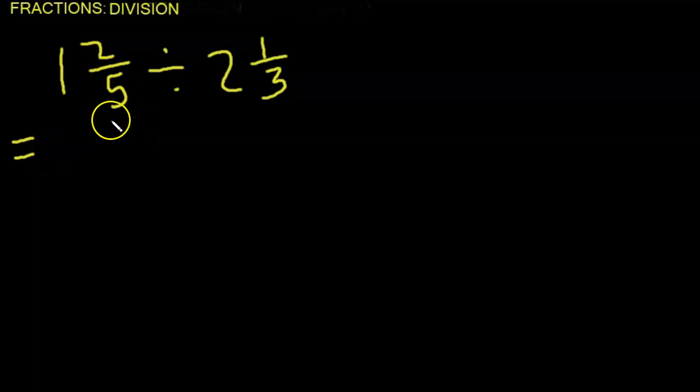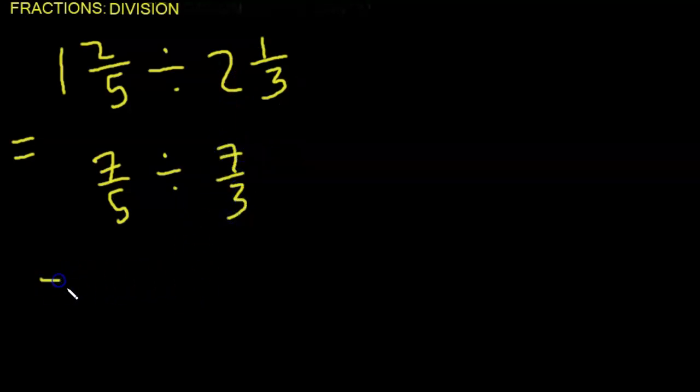I'll advise you to rewrite both fractions as improper fractions. In all the operations we did, let's stay true to that. So 5 times 1 is 5, and 2 is 7. 3 times 2 is 6, and 1 is 7. Alright, so we rewrite the 1 2/5 as 7 over 5, and the 2 1/3 as 7 over 3.